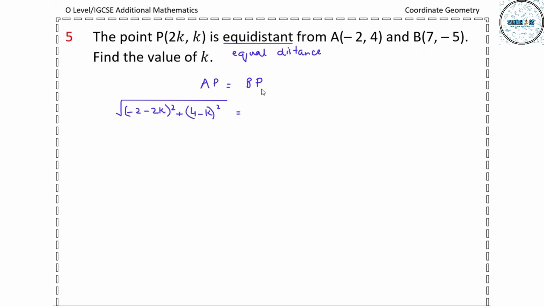For distance from B to P, we will use the coordinates of B and P. (7 minus 2k) whole square plus (minus 5 minus k) whole square.